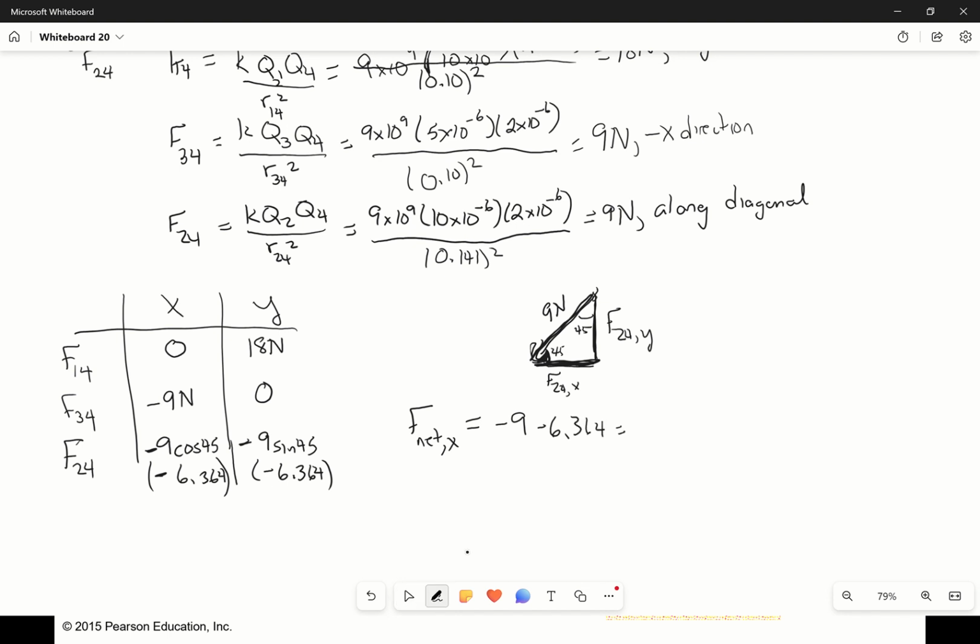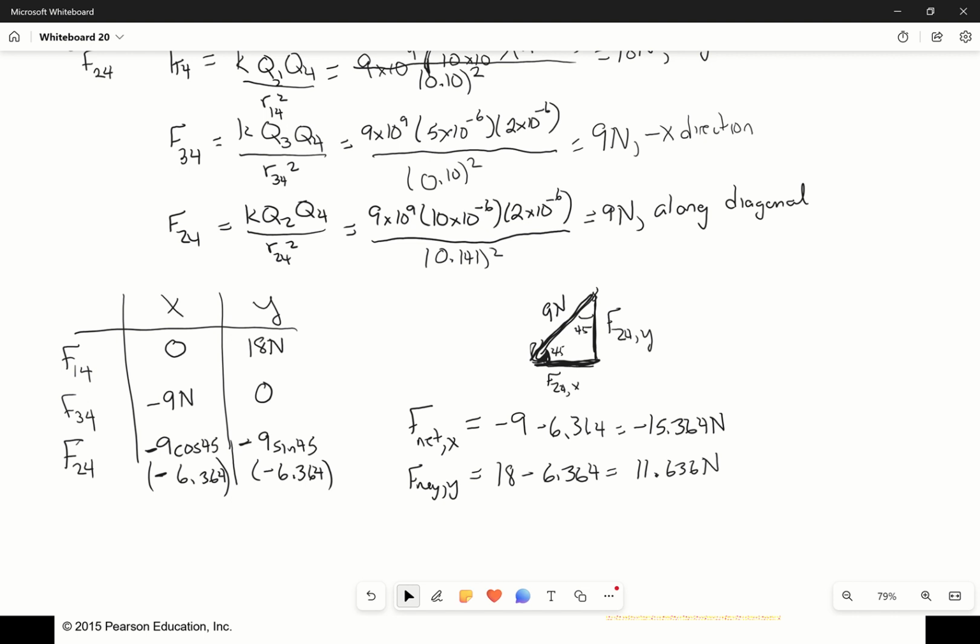So that's minus 15.364 newtons. In the y direction, I add up the y, so I've got plus 18 and then minus 6.364. And that gives me plus 11.636 newtons.